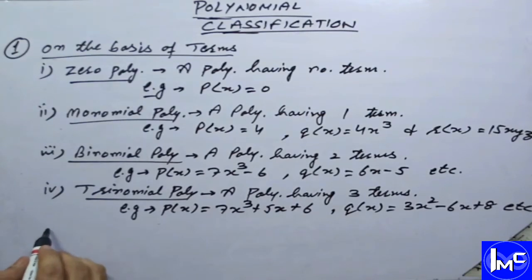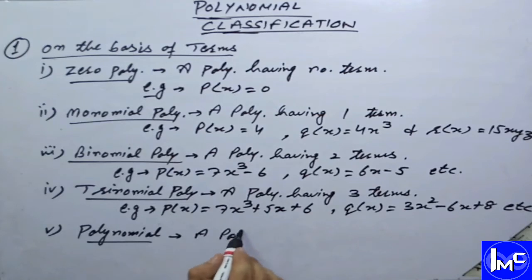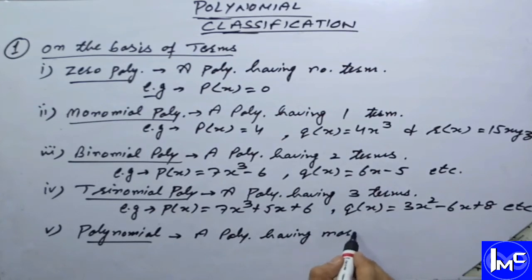Next is polynomial. A polynomial having more than three terms.